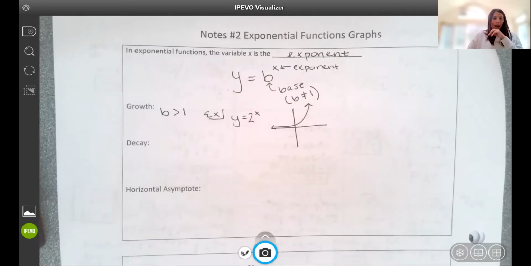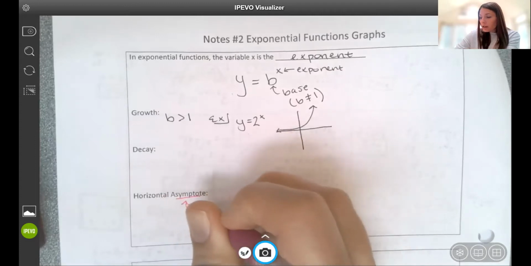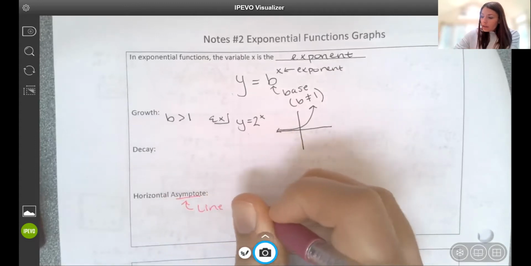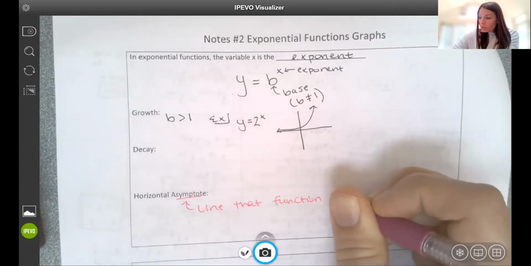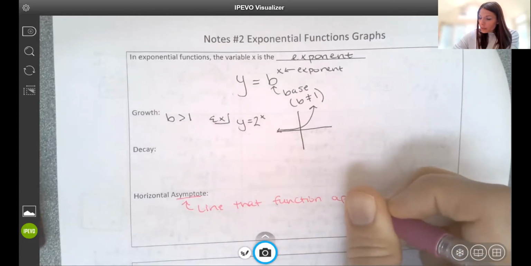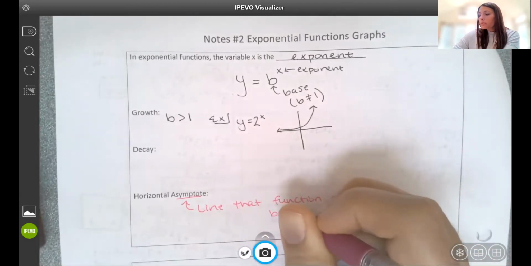And that's something new to our graphs where we have an asymptote. Now an asymptote is a line that a function approaches but will never cross.